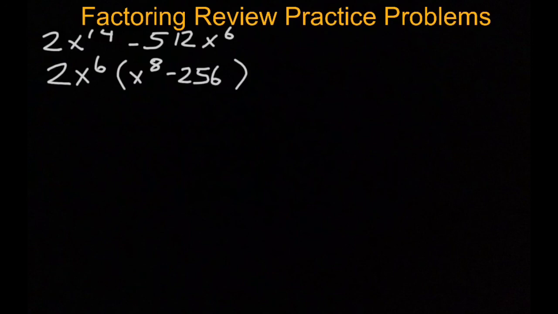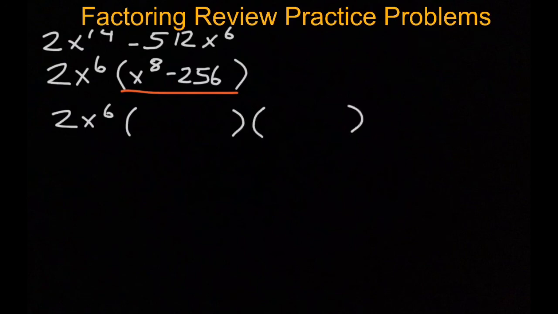256. How can we factor this further? So let's use the difference of squares method to factor the things in the bracket further. So let's rewrite this. 2x to the power of 6. So using the difference of squares method, we'll have x to the power of 4 in each of the brackets and 16 in each of the brackets.